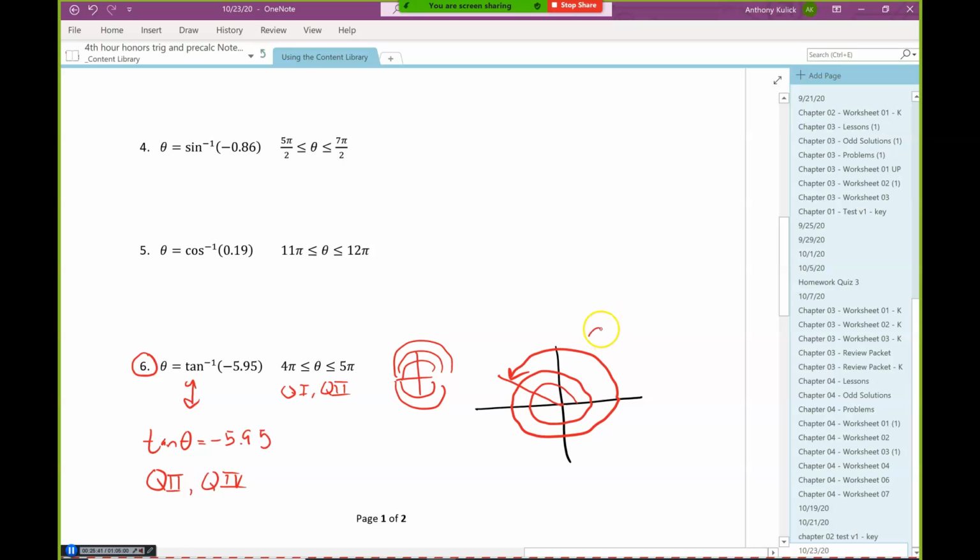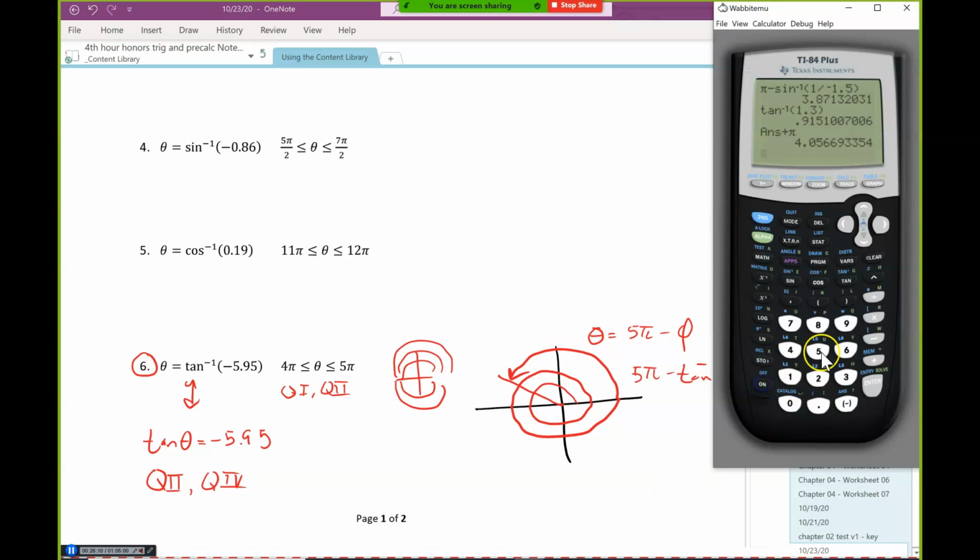And I'm going to find that phi by doing tan inverse of the absolute value of negative 5.95. So I'll go to my calculator. 5 pi minus tangent inverse 5.95. And that gives me 14.30.